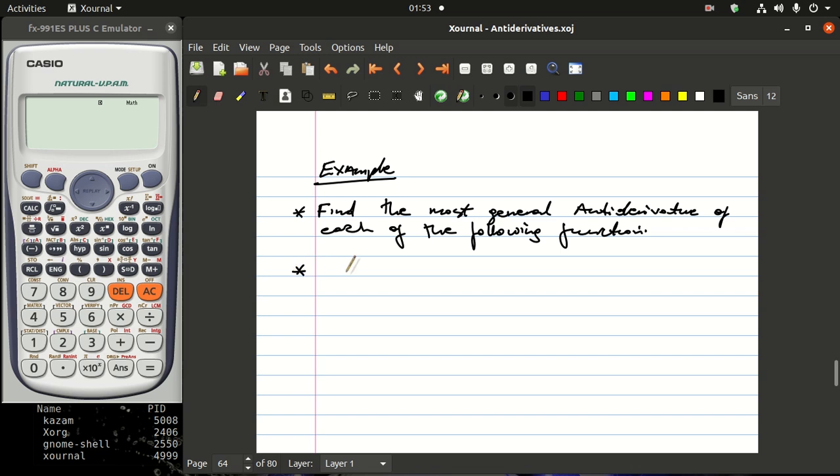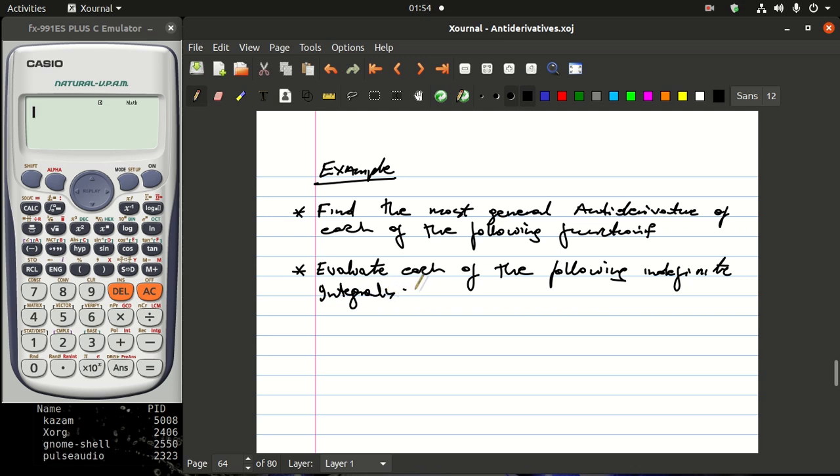This question is equivalent to: evaluate each of the following indefinite integrals.